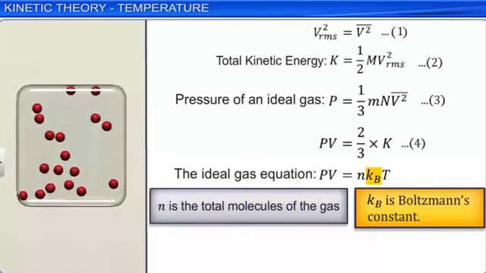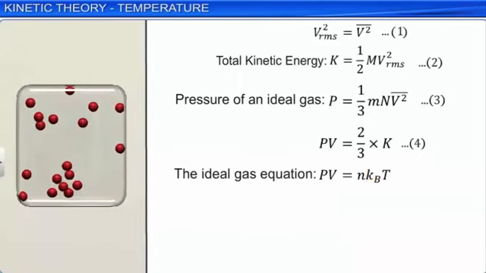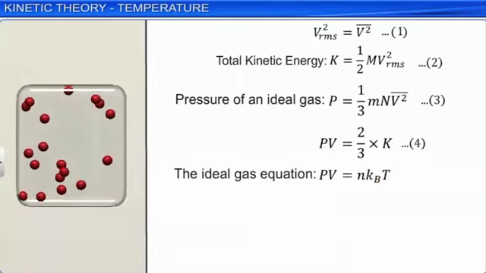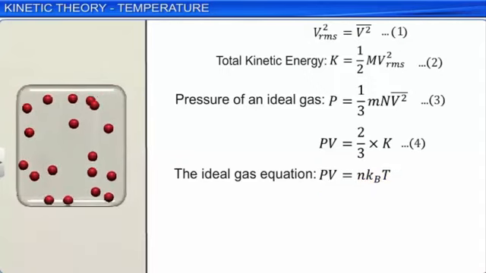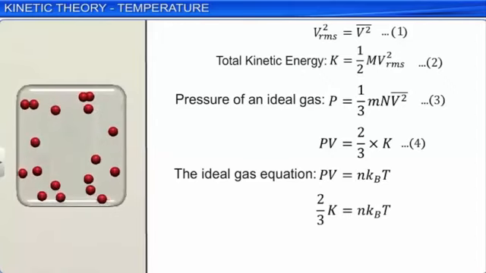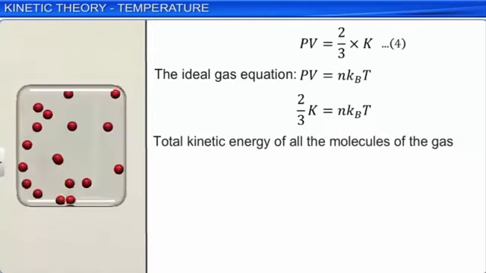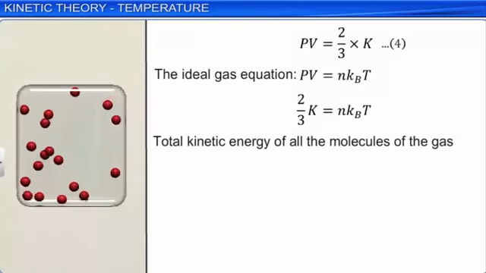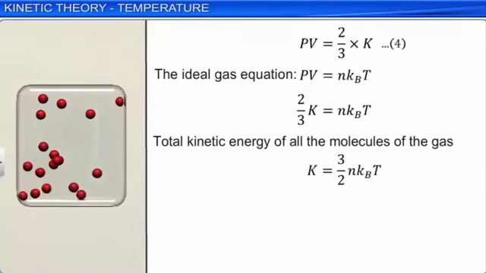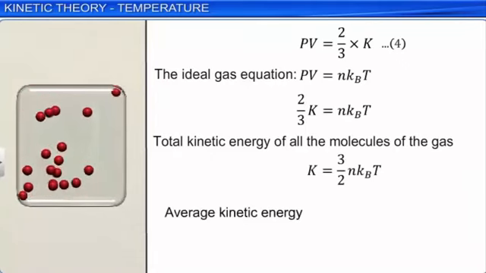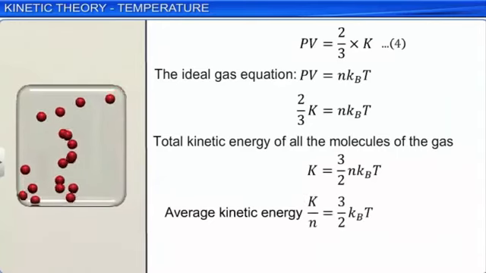By comparing the ideal gas equation with equation 4 and rewriting the equation as 2 by 3 K is equal to N k_B T, we get the total kinetic energy of all the molecules of the gas as K is equal to 3 by 2 N k_B T. The average kinetic energy of a molecule is K by N is equal to 3 by 2 k_B T. The average kinetic energy of a molecule is proportional to its absolute temperature.